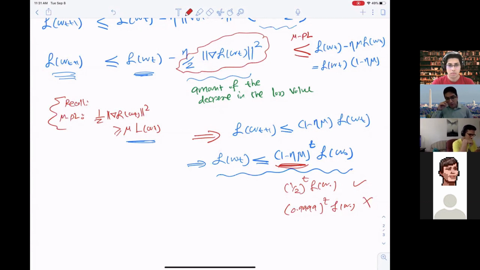There's a question: the condition won't hold for ReLU networks because of non-differentiability. I think almost all of these arguments, even though we are assuming everything is smooth, can be extended to ReLU networks because the set of non-differentiable points has measure zero.